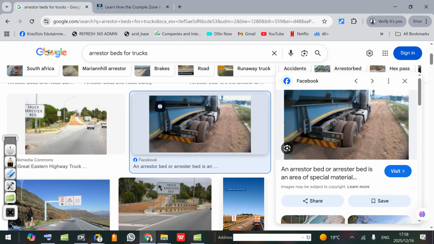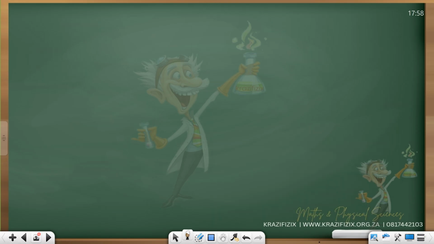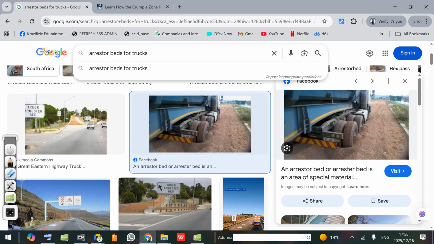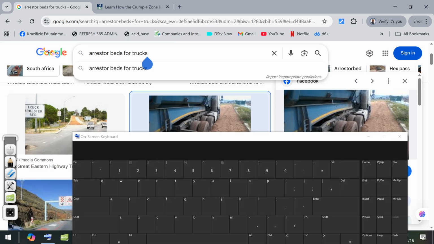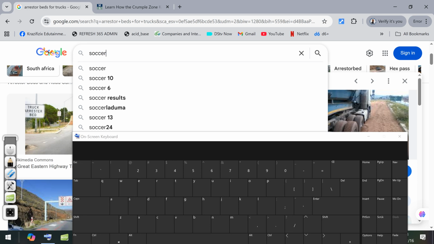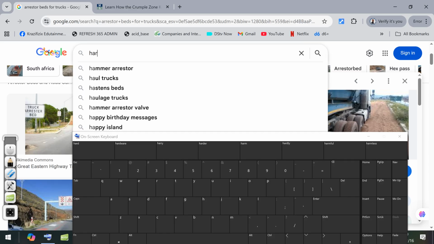Now, this same, let's do a few more applications. This same fundamental principle will be what is responsible for what I want to see. A soccer ball, hard versus a soft ball bouncing.